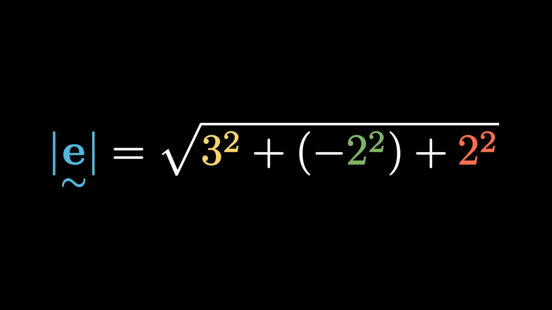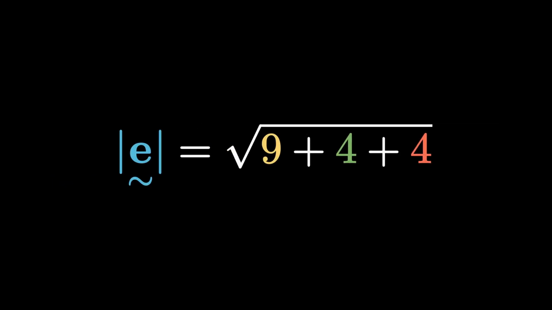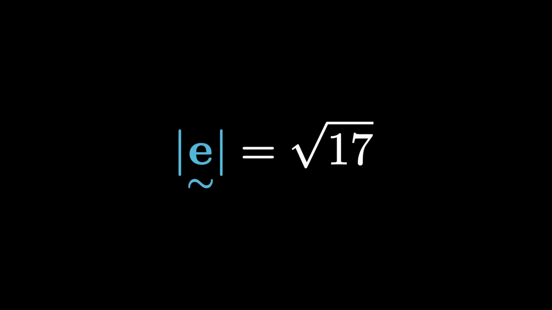Some use 2 bars, but for this video we will use 1 bar on each side. So we square each of the components of the vector, 3, 2, and 2. As we know that the length has to be non-negative, the answer gives us the square root of 9 plus 4 plus 4. So the length, or the magnitude of vector E, is equal to the square root of 17.